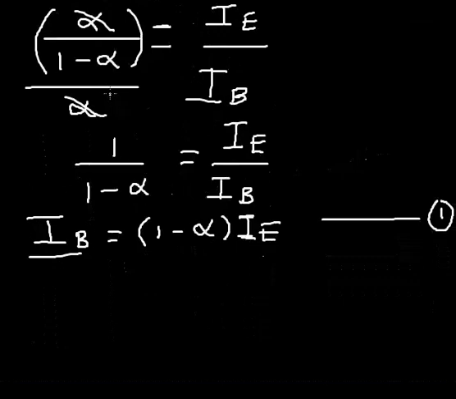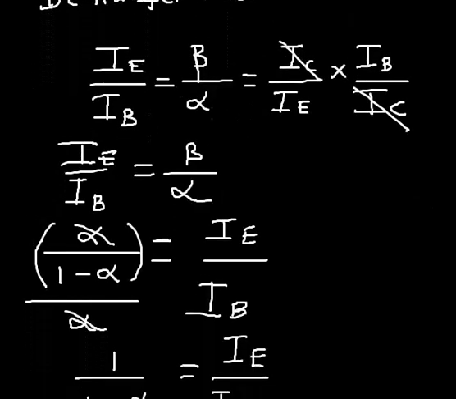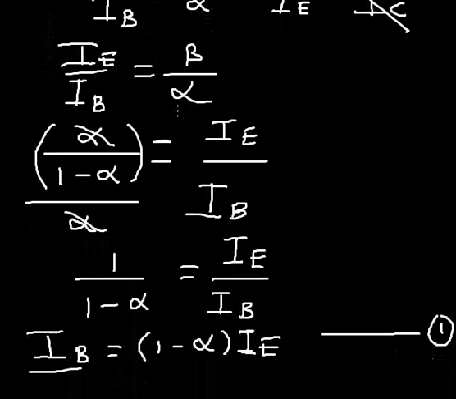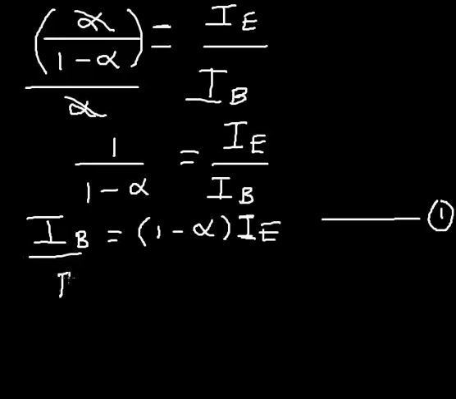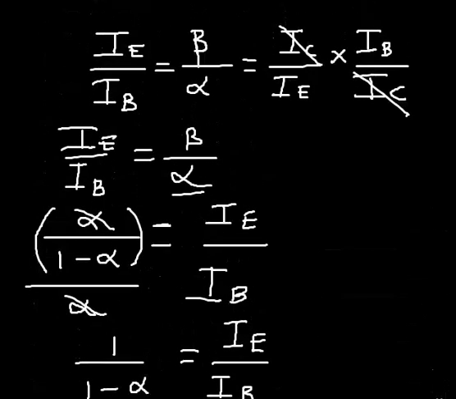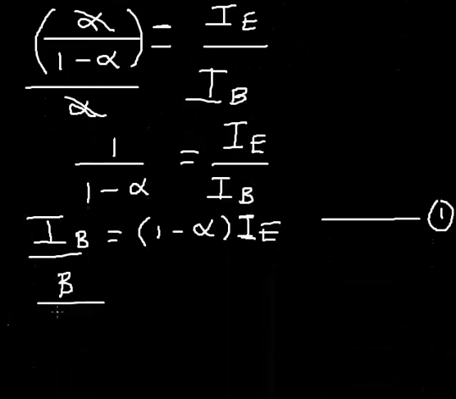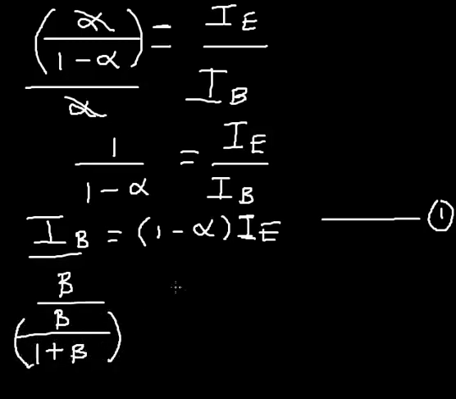In this case, what I'm going to do here is substitute for alpha this time around. So I have beta equal to alpha. If I substitute for alpha, of course, you know alpha is equal to beta divided by 1 plus beta. That's still going to give me IE over IB.